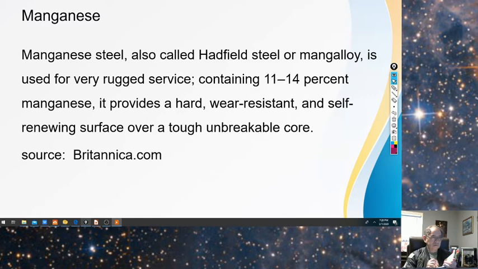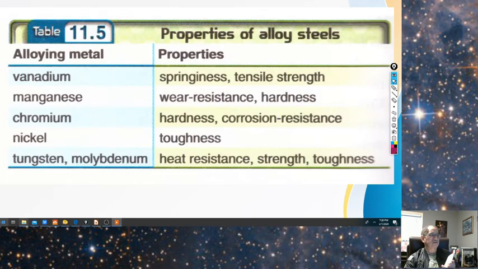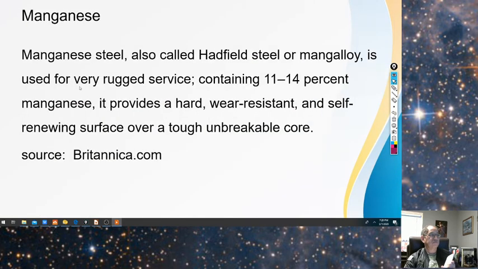And purpose or use. Just say use. Purpose. Why do we add manganese to the steel? And it tells you why, right? It's for very rugged surface, provides a hard, wear-resistant, self-renewing surface.